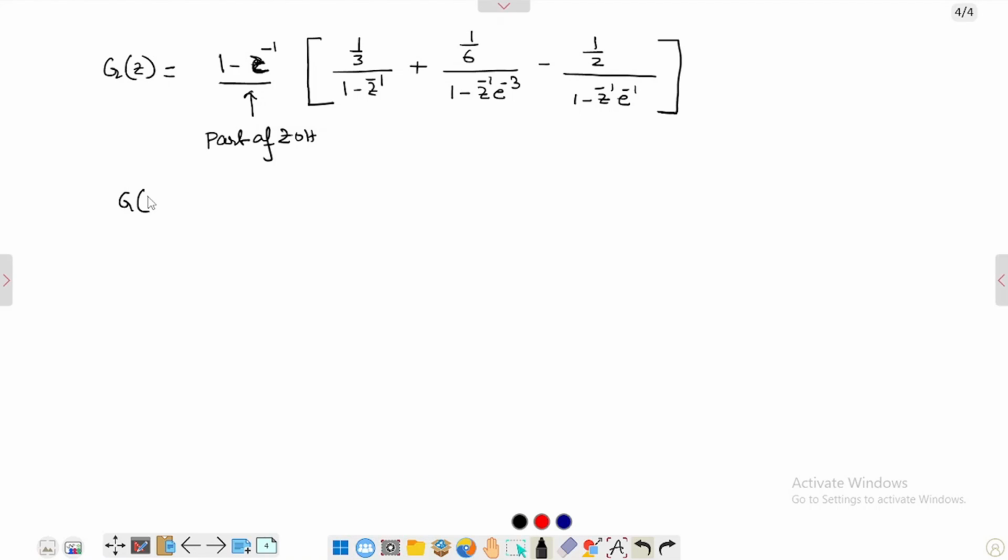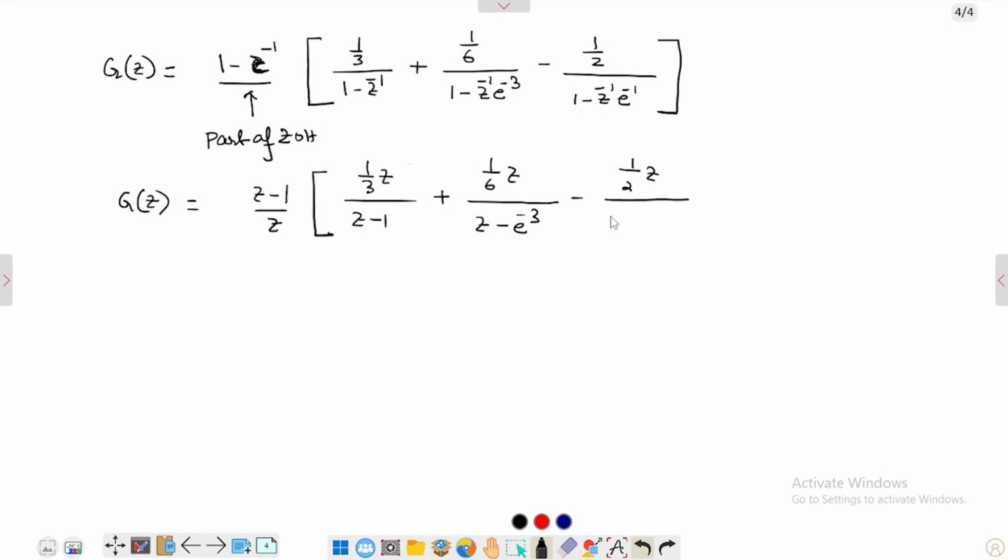So my G of z, now I can write as z minus 1 by z times 1 by 3 z divided by z minus 1 plus 1 by 6 z divided by z minus e to the power minus 3 minus 1 by 2 z divided by z minus e to the power minus 1.